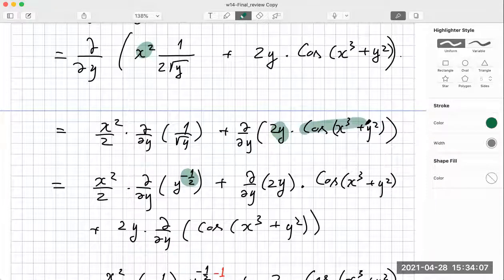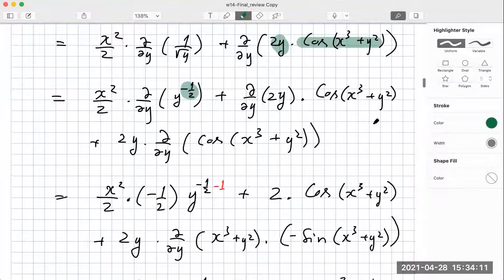We have to use the product rule. The product rule tells us that it will be the derivative of the first term times the second term plus the first term times the derivative of the second term here, and the derivative of 1 over square root of y. 1 over square root of y, we can write it as y to the negative 1/2.